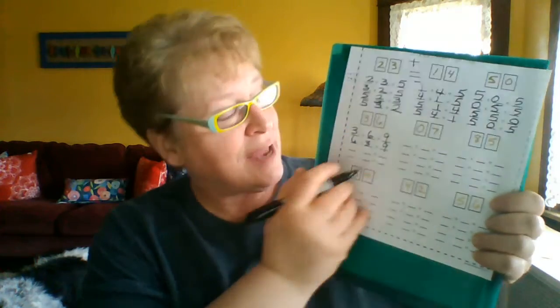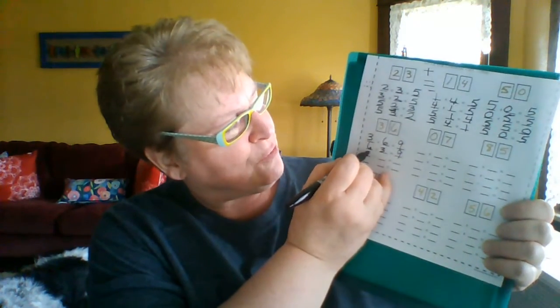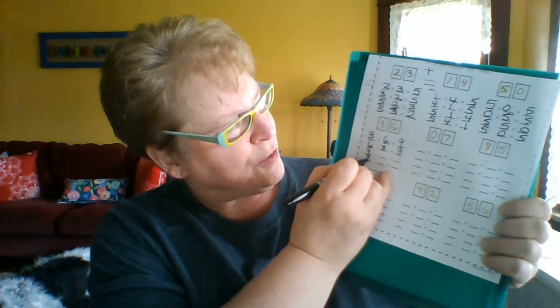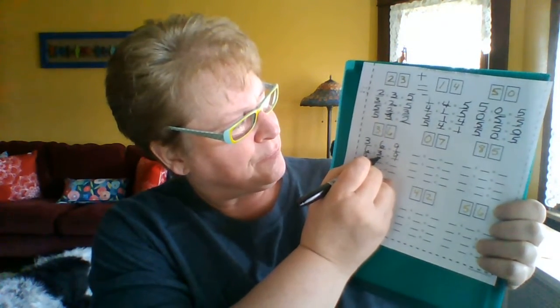For our subtraction, what's our bigger number? You got it, 9. 9 is bigger than 6 and 9 is bigger than 3 because we had to add 3 and 6 together to get 9. So for our subtraction problem, we're going to write 9. And now, what's one of the numbers we can subtract from 9? You're right, 3.